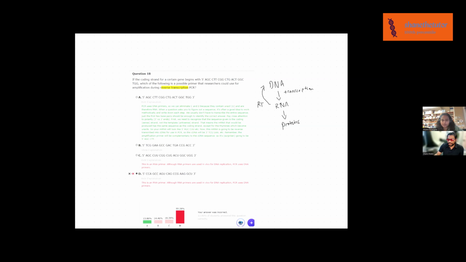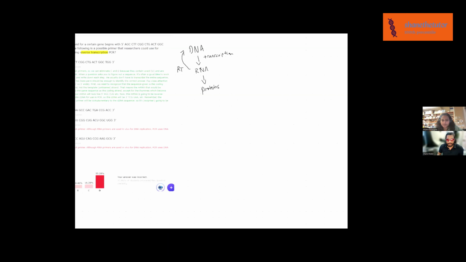well, I guess before I say that, I should say that with regular DNA, let's say this is a strand of DNA with its bases.